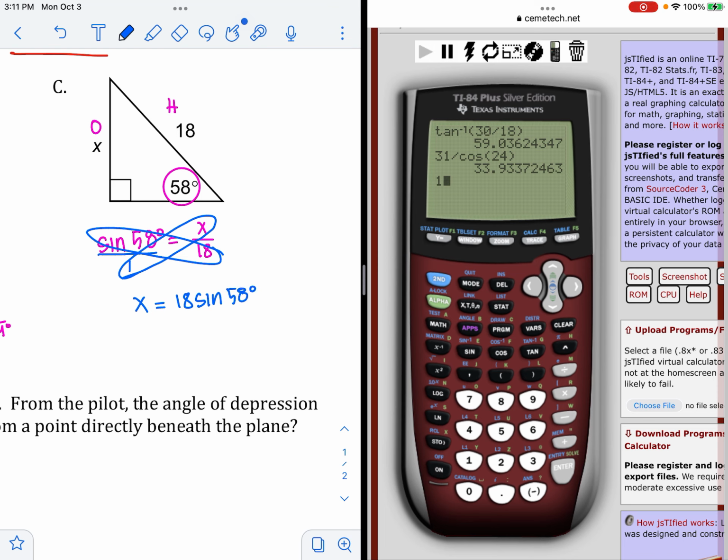Now I can put that in my calculator because x is already by itself. 18 sine 58, close the parentheses, and I get 15.265. And once again, that's a side length, so I'm not putting degrees on it.